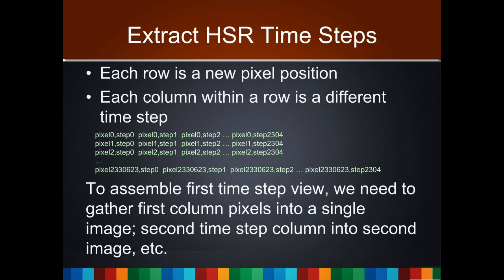Each row in that matrix is a new pixel position, and each column within a row is a different time step, so a different output image we want. We want to take all of column 0, put it in one picture, all of column 1, put it in a second picture, and so on. So we have completely the wrong ordering for doing that efficiently in a normal tool, but we can use rsplit to do it.